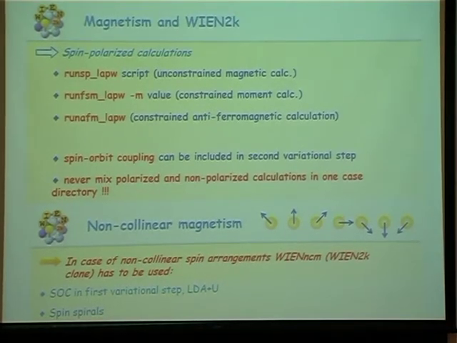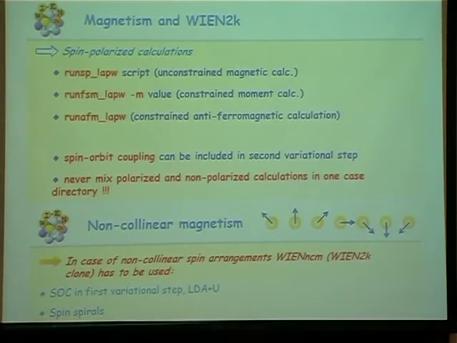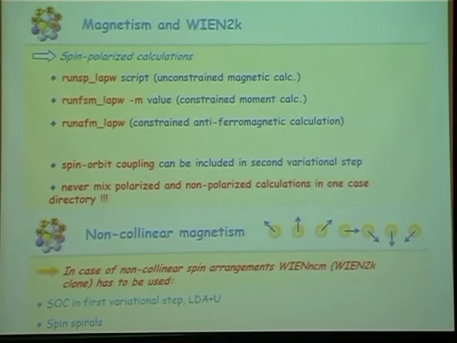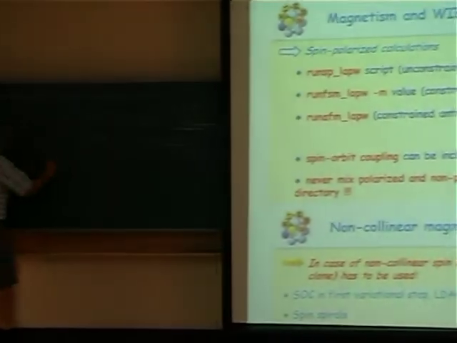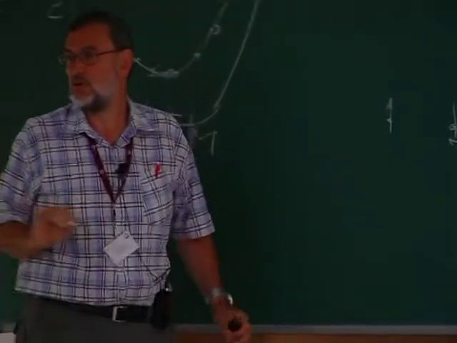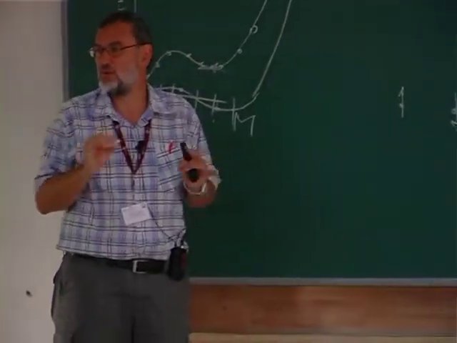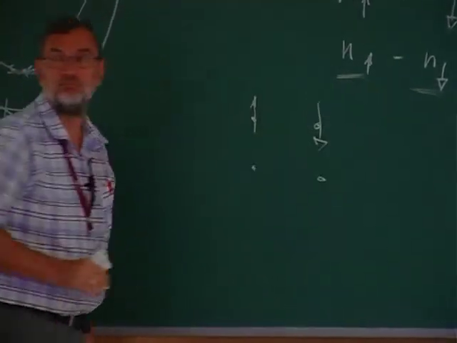Frustrated systems, right? You have heard about antiferromagnetism, right? It's clear that if I have a lattice with two atoms, then it's not a problem to have spin up and spin down here. Now we could have four atoms, a square lattice.